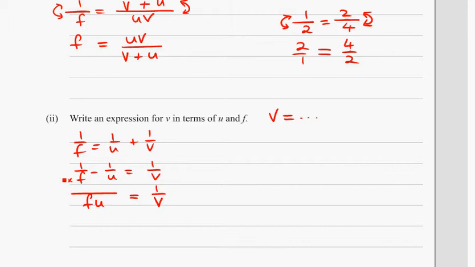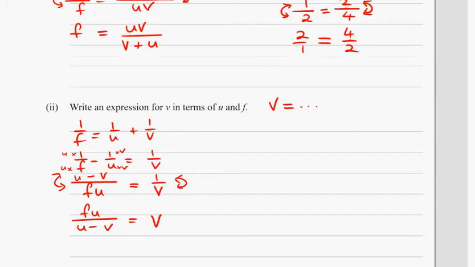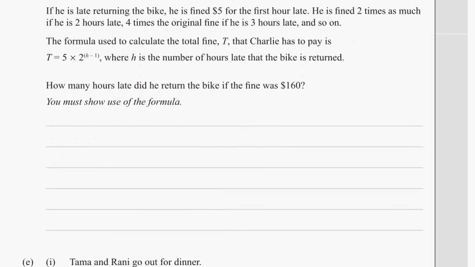So multiplying by u, multiplying by v. One fraction equals another fraction, their reciprocals will be equal as well. V over 1, which is v. So you could pause that and try it again yourself.